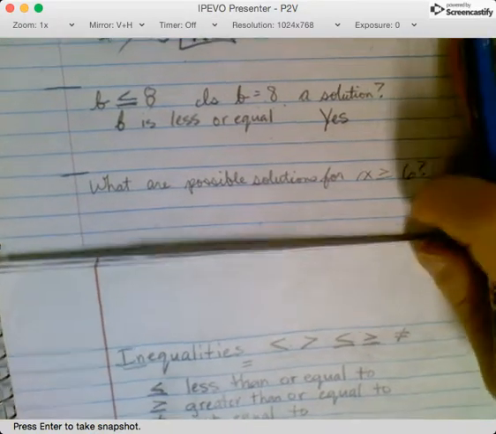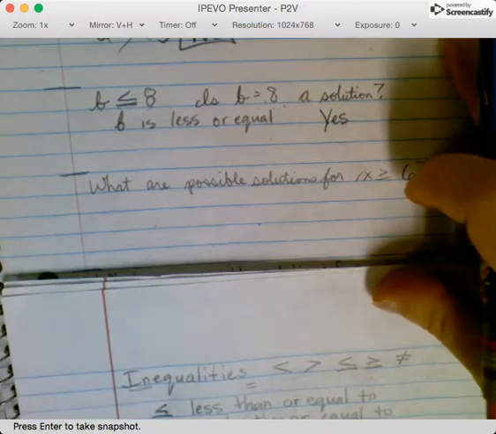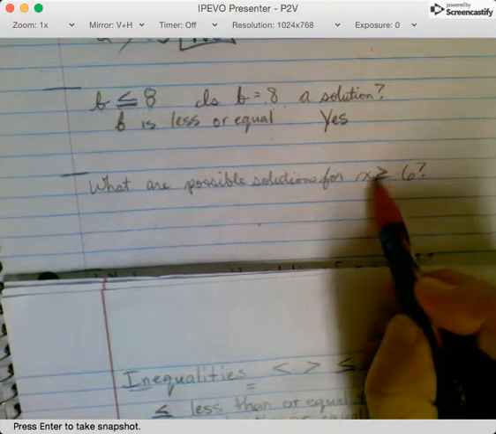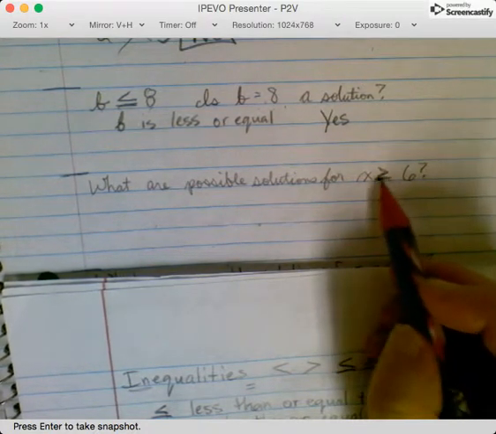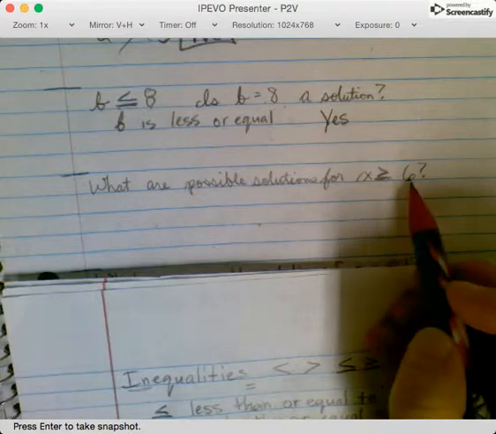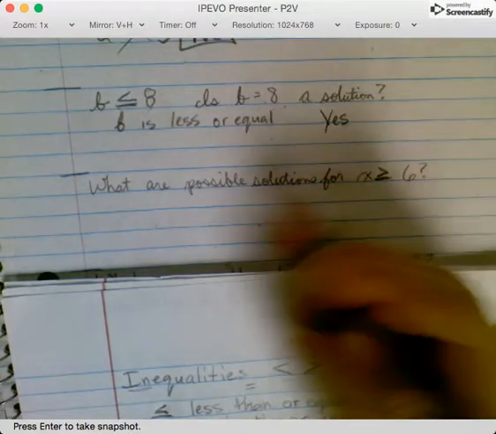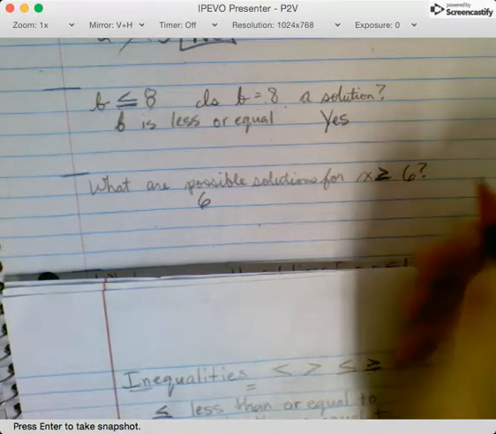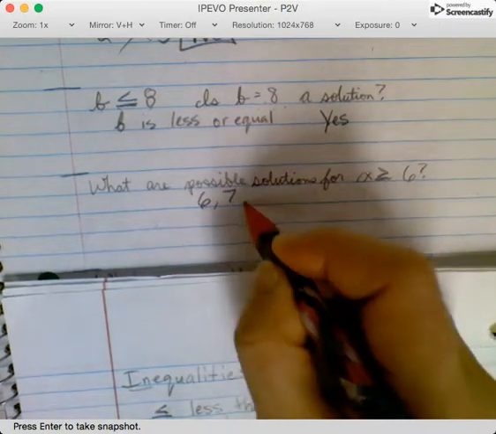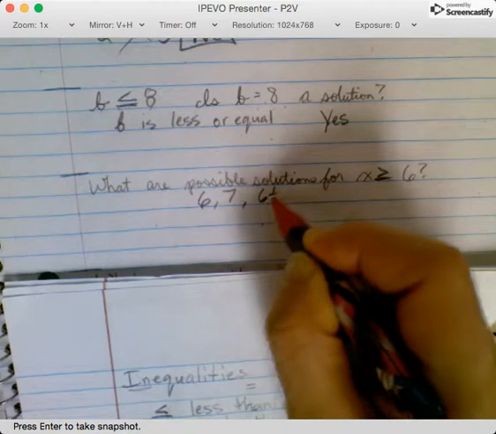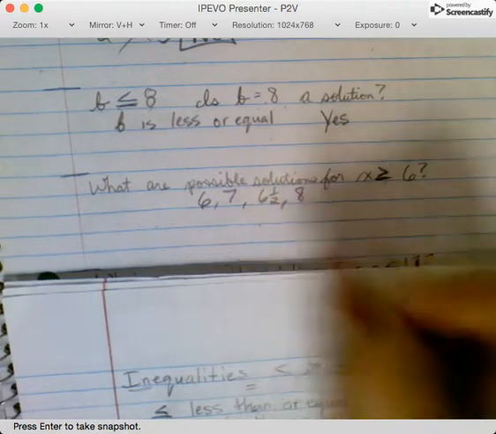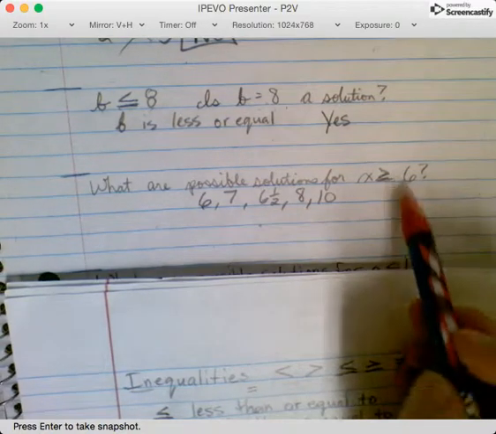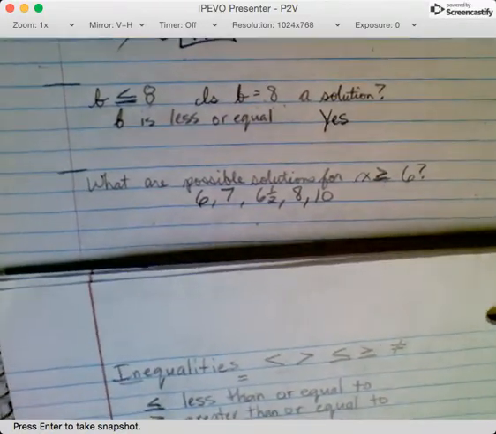All right, what are some possible solutions for x is greater than or equal to 6? When it has that or equal to sign, I'll start at the number. So 6 is obviously a possible solution. Then I can go greater. 7 could be a solution, 6.5 could be a solution, 8 could be a solution, 10 could be a solution. Anything that is greater than 6 could be a solution.